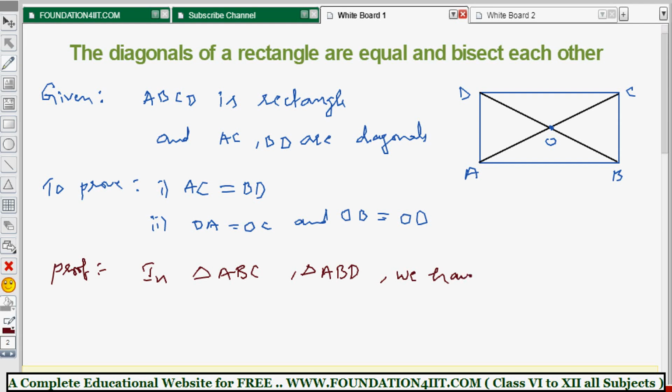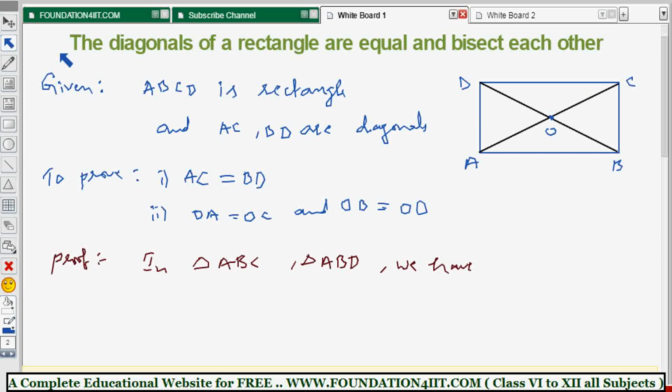We need to prove these two triangles are congruent first. If I prove them congruent, then according to CPCT, I can conclude that AC equals BD. Right. So we'll take the properties.